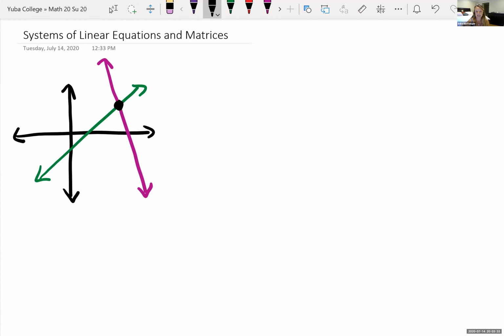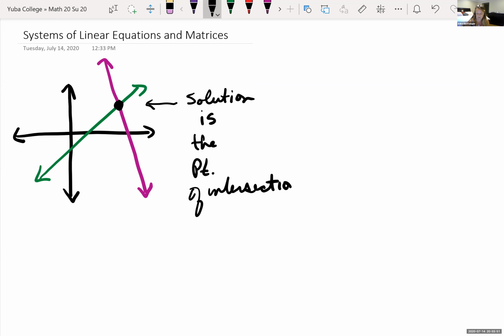So if this happens, the solution is the point of intersection. And there's only one solution here, and this is called an independent system.